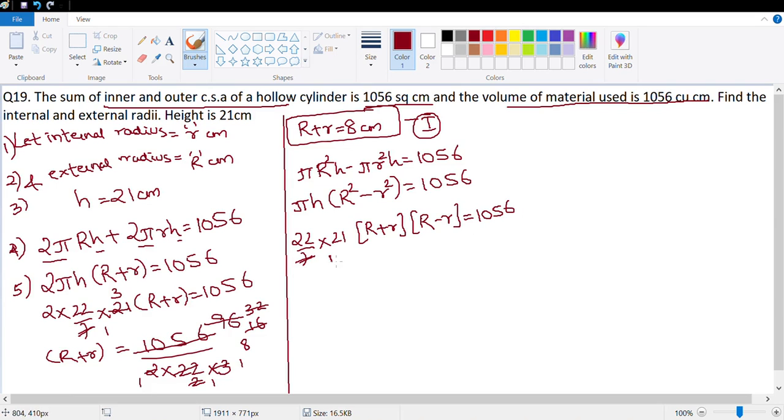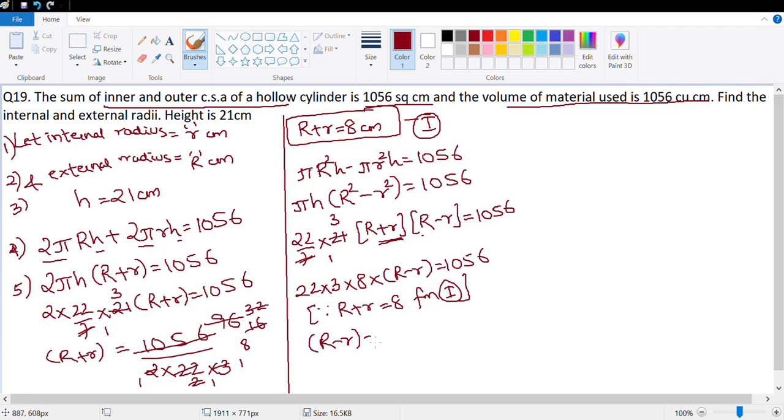This is 7 into 1, 7 into 3, so this is 22 into 3 multiplied with, I know R plus r is equal to 8, multiplied with (R minus r) is equal to 1056, since R plus r is equal to 8 from equation 1, which means R minus r would be equal to 1056 upon 22 into 3 into 8.